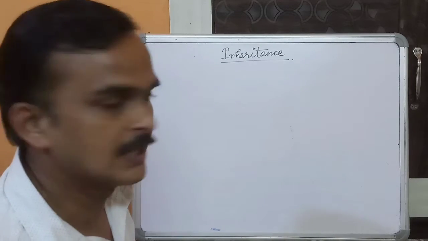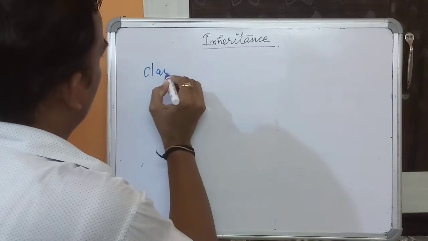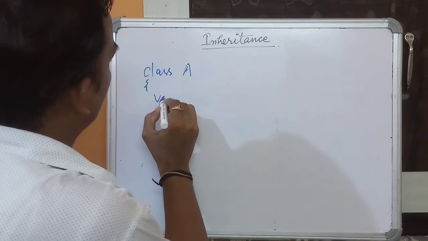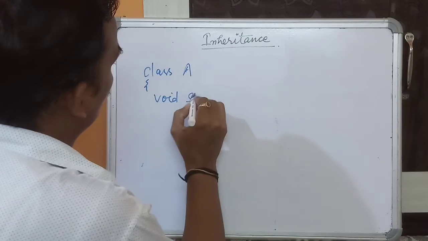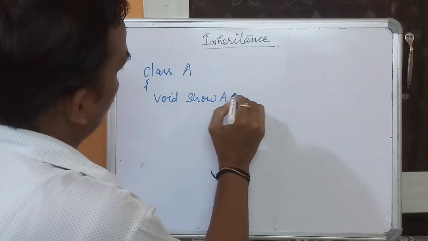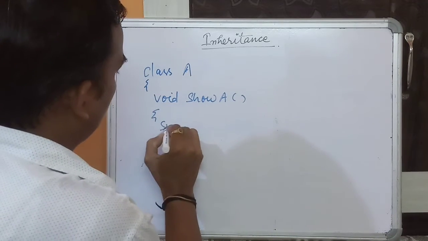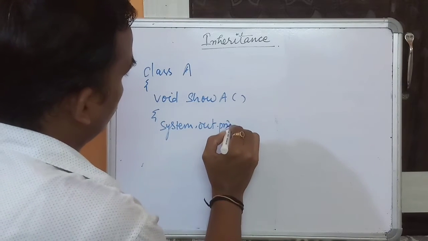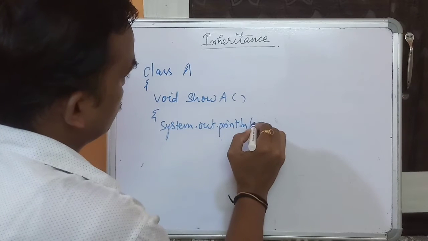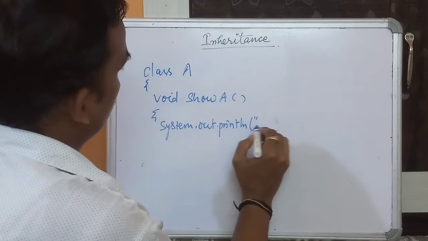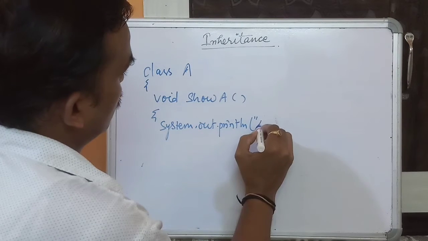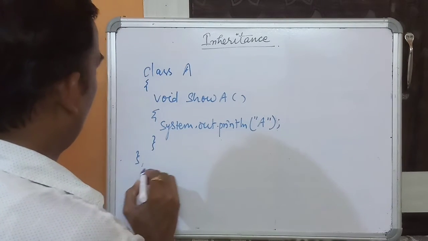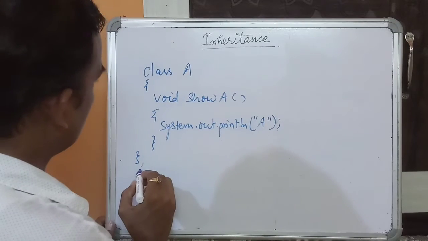So what is inheritance? That is class A, in which we have one method, void showA. In this we have some printing statement, System.out.println, and we mention here A. Now we write the second class.